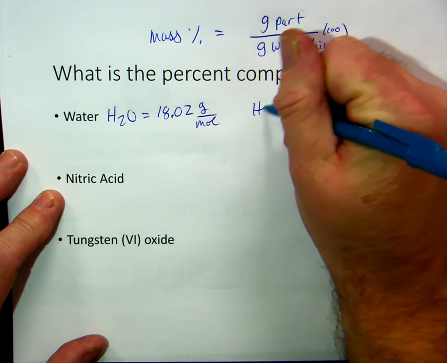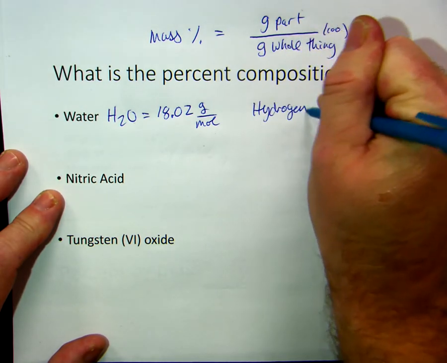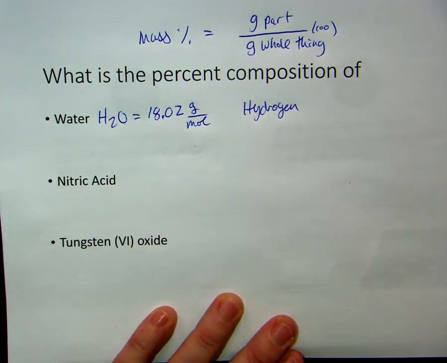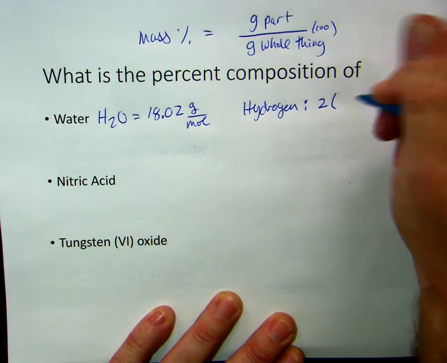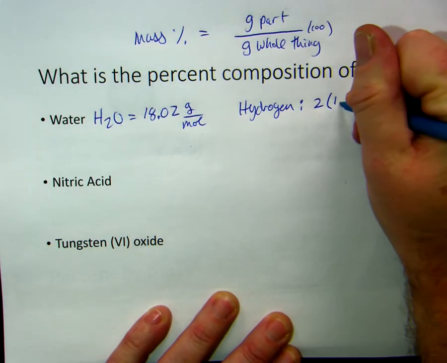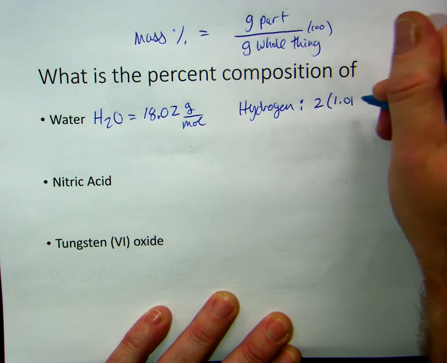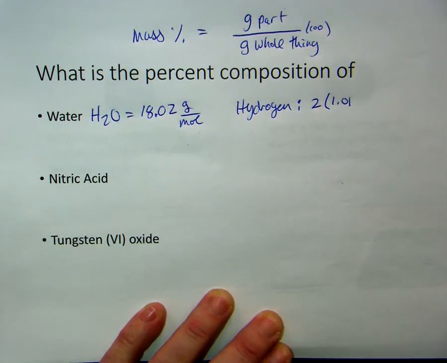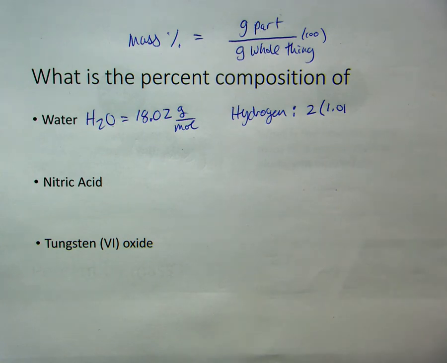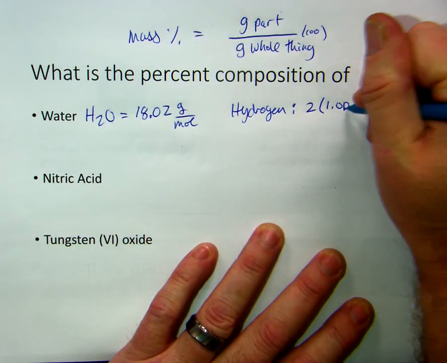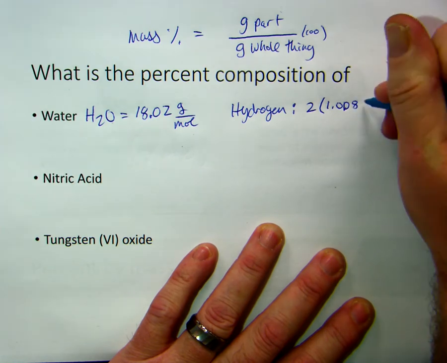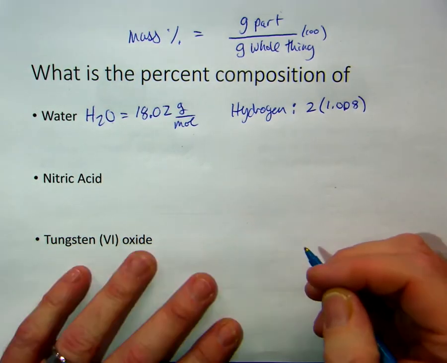So I look at the grams of the portion I'm evaluating over the whole thing. So for hydrogen, I have 2 of them in the water molecule. And each one of those weighs 1.01 grams per mole. I gave myself a few more sig figs when I did the calculation. So 1.008 grams per mole.